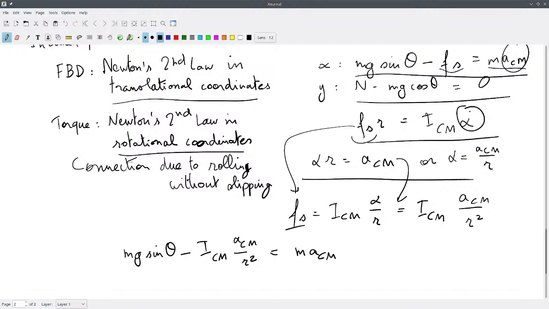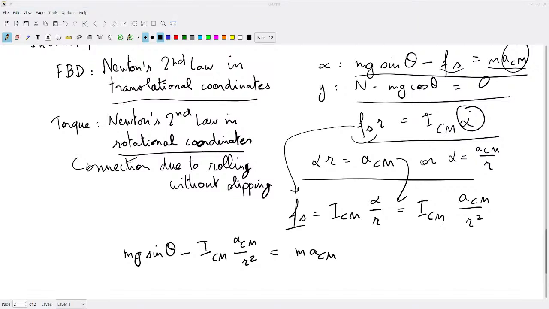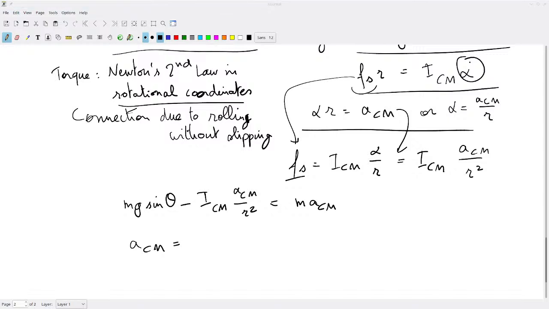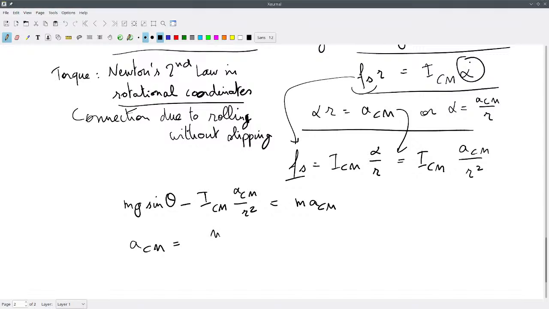And now, of course, we can solve for ACM. ACM is going to be equal to mg sine theta over the sum of these two parts. So that's going to be m plus ICM over r squared.